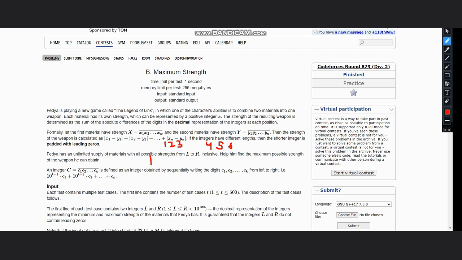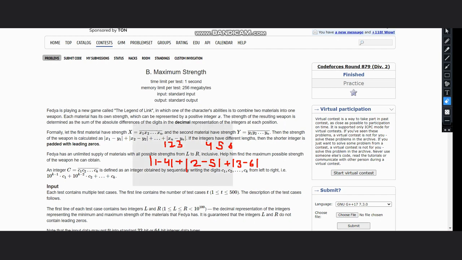What it is telling us is |x1 minus y1| plus |x2 minus y2| plus |x3 minus y3|. So this is the strength of the weapon which would be calculated.